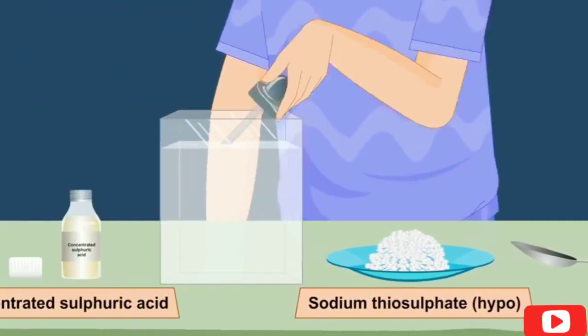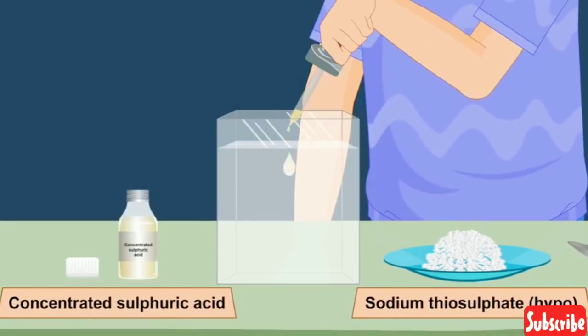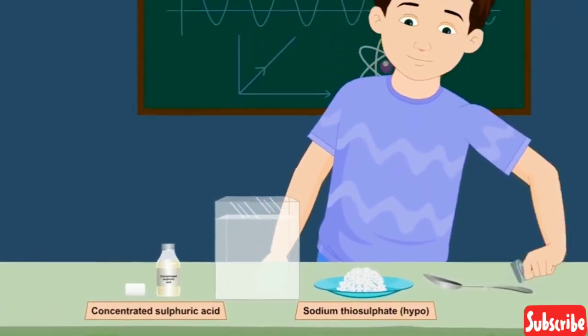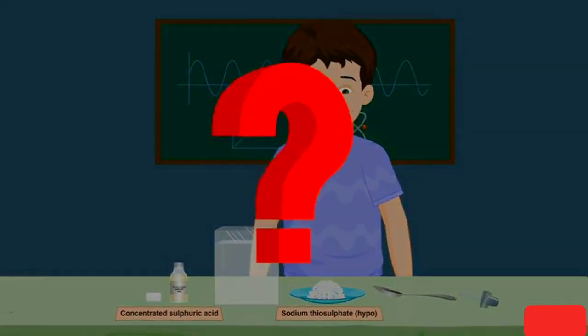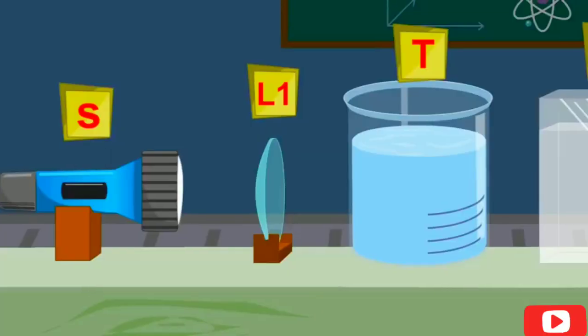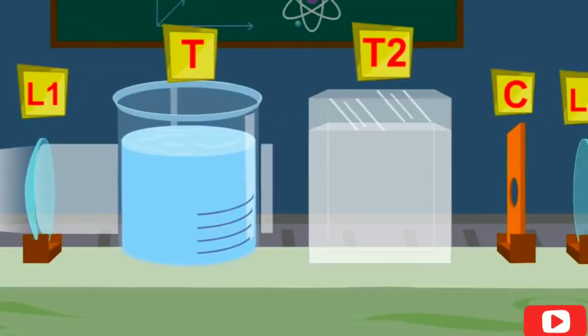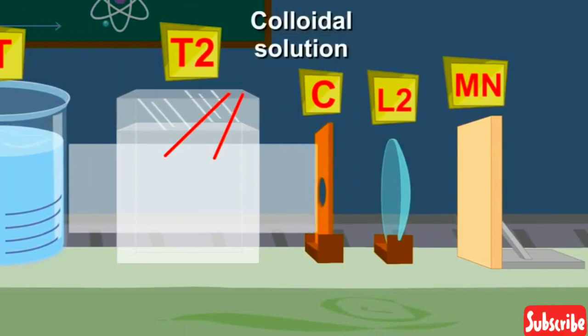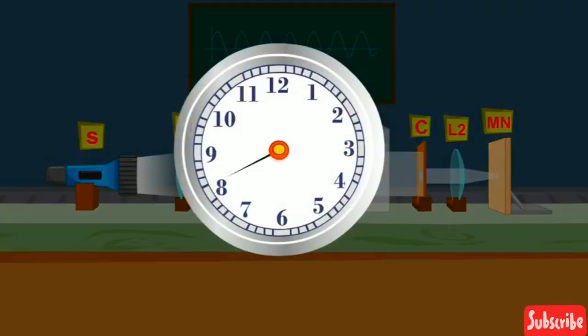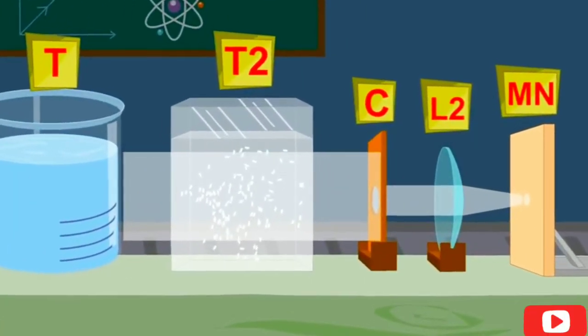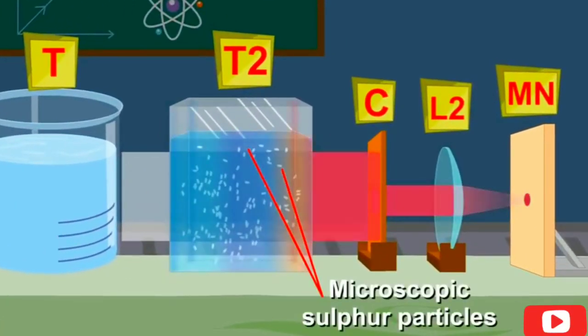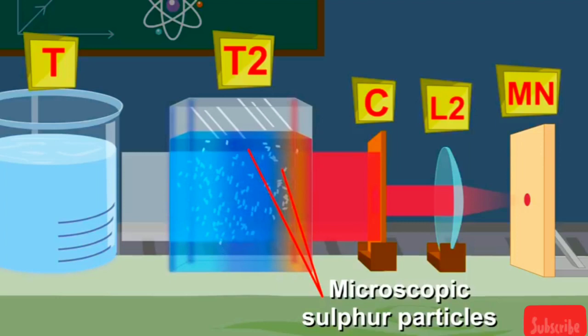Add about 1 to 2 ml of concentrated sulfuric acid to the water. What do you observe? The path of the light becomes visible through this colloidal solution in about 2 to 3 minutes. You will find fine microscopic sulfur particles precipitating.